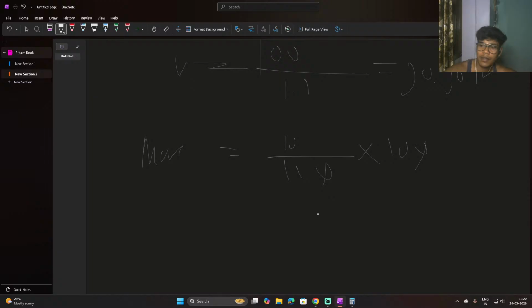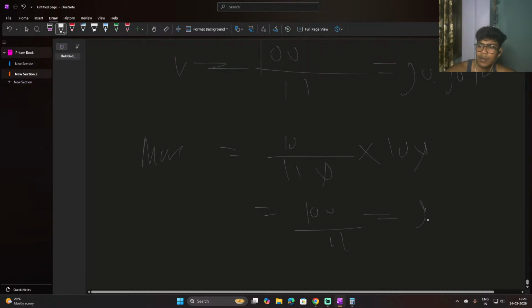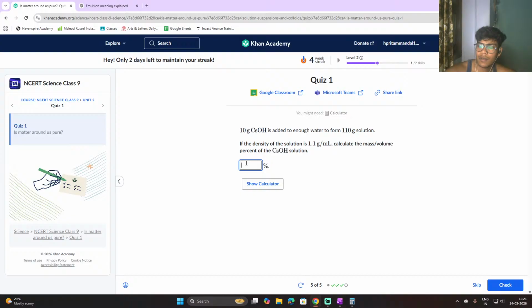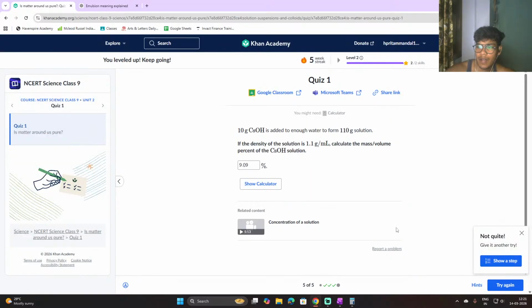Let's take and see. 100 divided by 11, it's the same answer as the previous one, 9.09. Let's see if the answer is right or not. No, it's not right. I knew it. Because if the density of the solution is this, calculate the mass volume percent of CsOH.